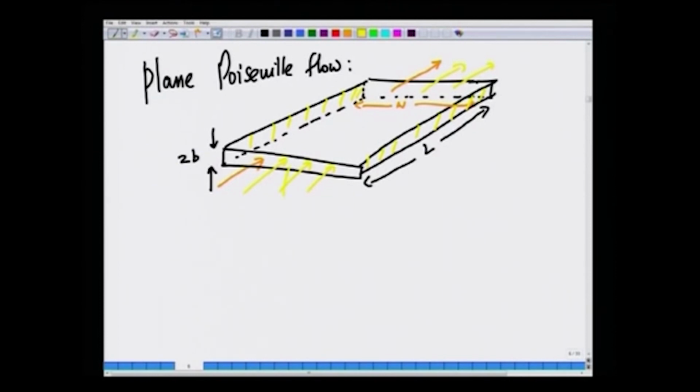The fluid is flowing because you have connected the inside and outside to a pump. There is a pressure difference across the inlet and outlet. So, you are pumping fluid, and that is the reason why fluid is flowing. So, there is a pressure drop delta P between the inlet and outlet. So, this is an example of what is called a pressure driven flow.